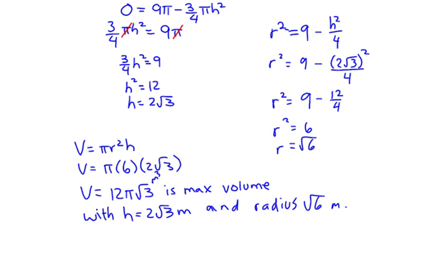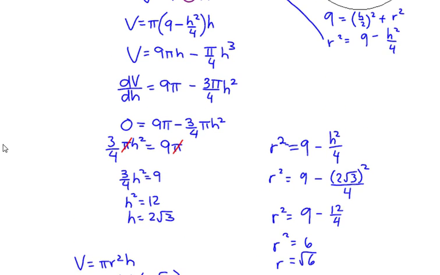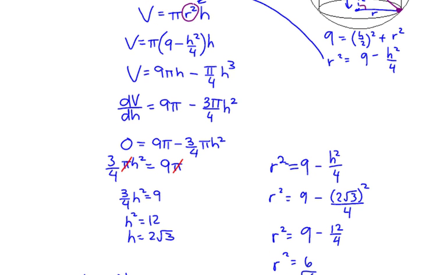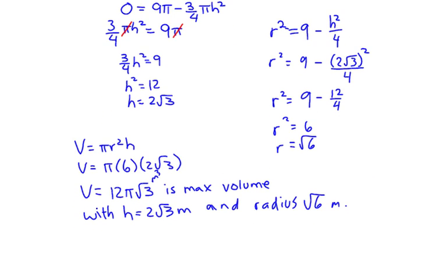Are we okay? Okay. So were you good up to where we got our height? And it said find the max dimensions and volume for a situation. So now we have our height. We could figure out our radius, given that relationship we found. And then our volume is equal to pi r squared h.